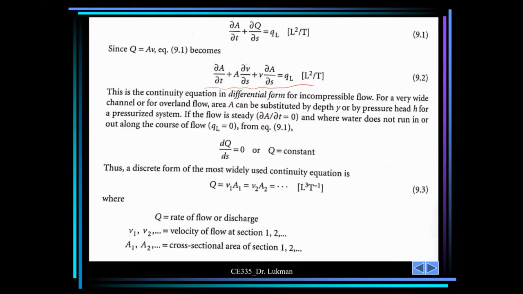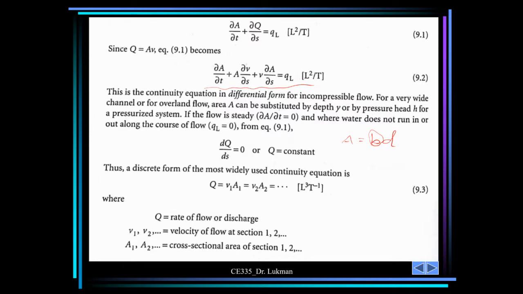Almost all liquids. Okay, for a very wide channel or for overland flow, area can be substituted by depth, because when you have B to be very wide, the area can be substituted for depth, which is Y, or by pressure head, which is H, for a pressurized system.